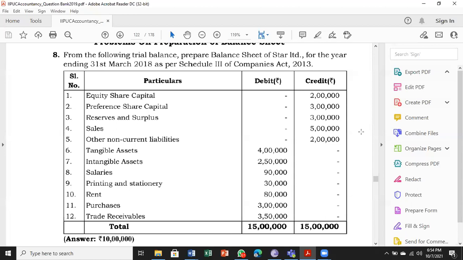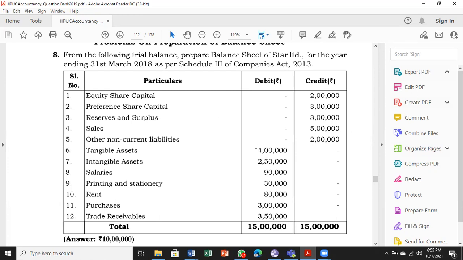Other non-current liabilities, very clear, non-current liability. So you can see all items which are on the credit side. Most of them are liabilities. Only sales is the one which is an income. Now we are coming to the debit balance.